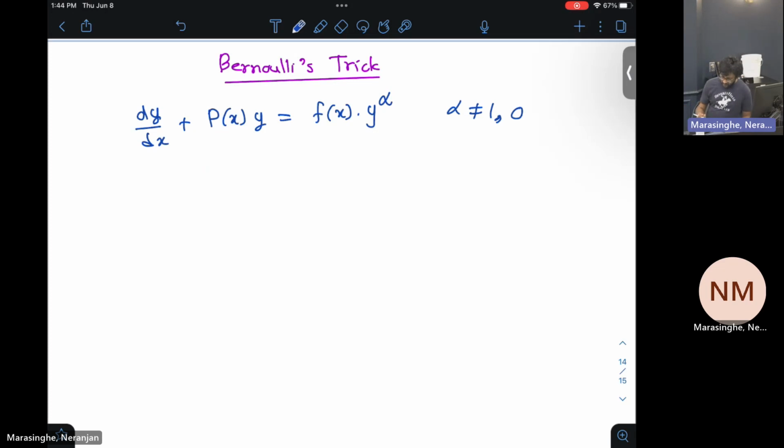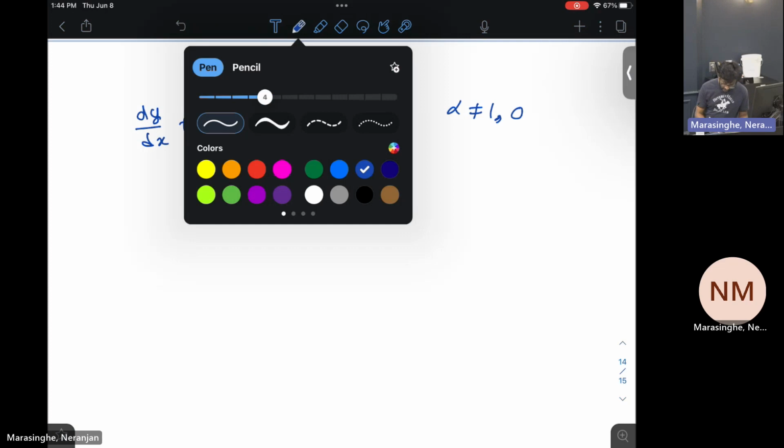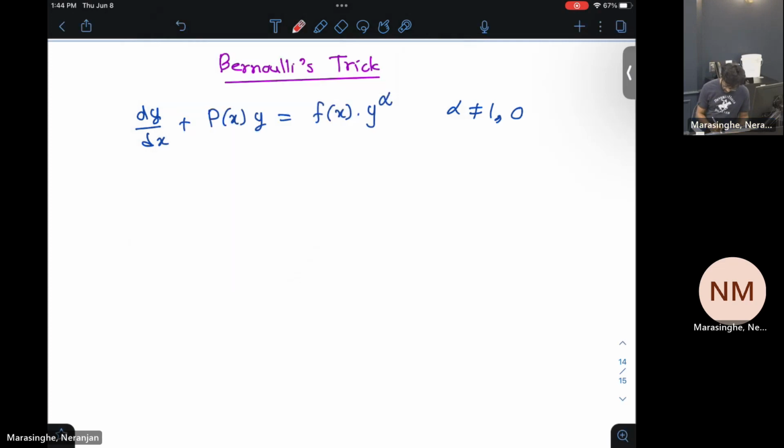So I would recall the trick that we discussed. What was the substitution that we have to use? u equals y to the power 1 minus alpha. This is the substitution. Actually, you do not need to remember this.